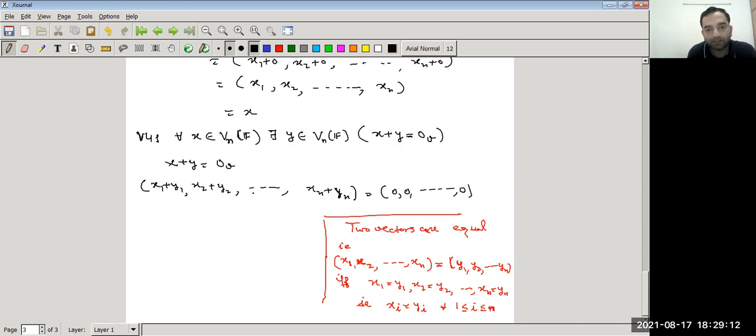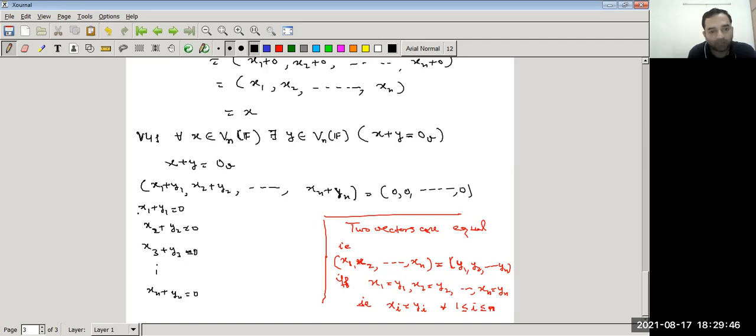Now two vectors, these are vectors, they are equal if and only if x1 plus y1 equal to 0, x2 plus y2 equal to 0, x3 plus y3 equal to 0, and xn plus yn equal to 0.